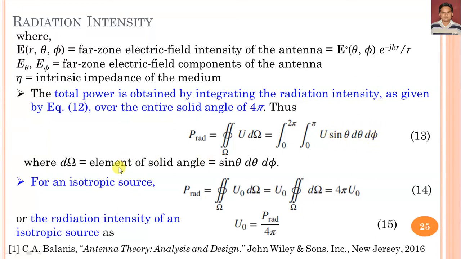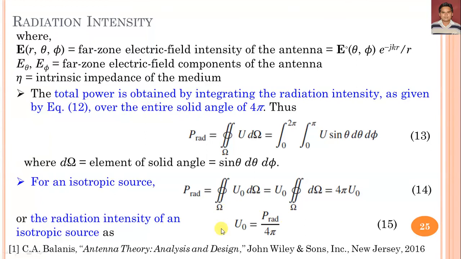In that case, we can calculate the radiated power for an isotropic source: P radiated equals 4 pi U naught. So the radiation intensity for an isotropic source is P radiated upon 4 pi.